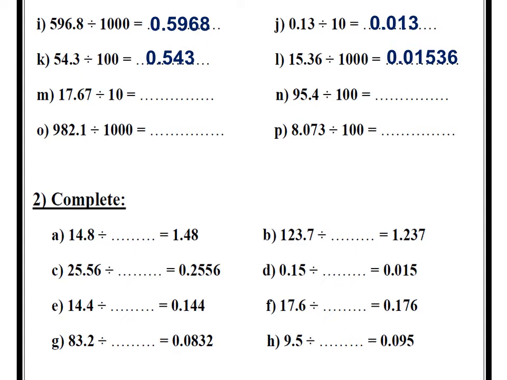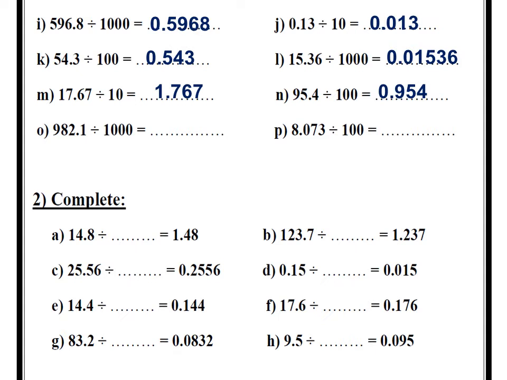0.01536. M, 17.67 divided by 10, 1 zero, 1 step backwards, so it's going to be 1.767. N, 95.4 divided by 100, so I'm going to move 2 steps, so it's going to be 0.954.